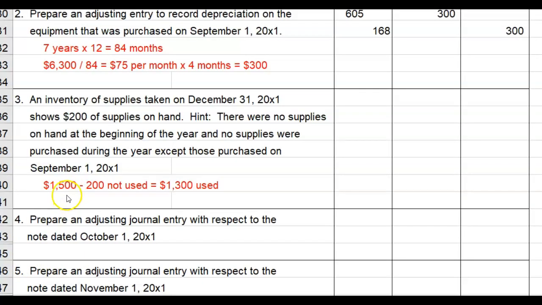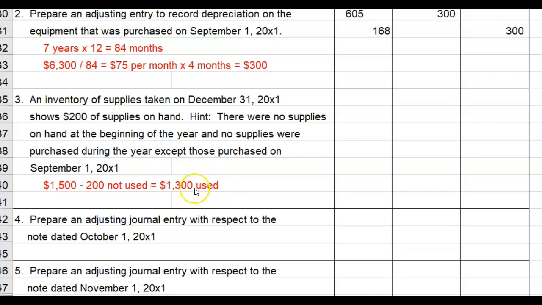Well, we purchased $1,500 of supplies, and $200 were on hand at the end of the year. That means that $200 worth of supplies were not used. $1,500 minus $200 equals $1,300 of supplies used during the year. And in adjusting the asset supplies, the expense is the amount of supplies used.